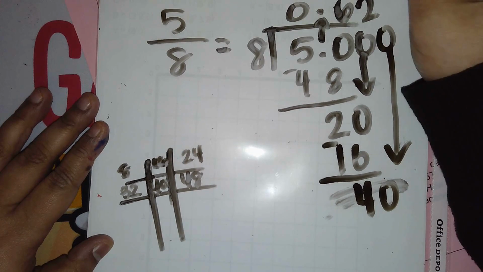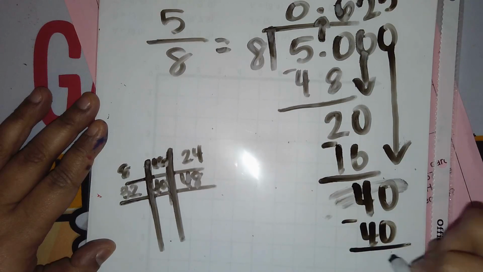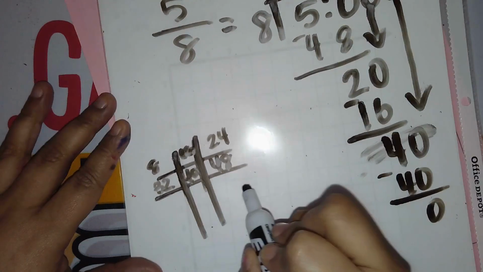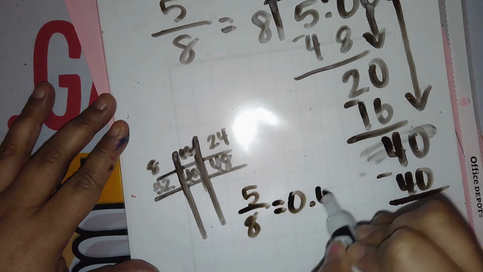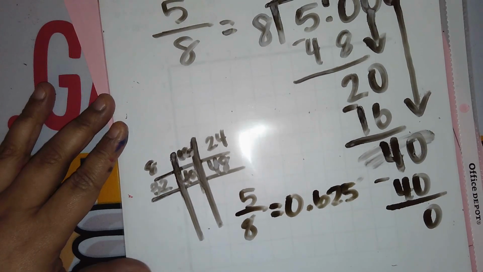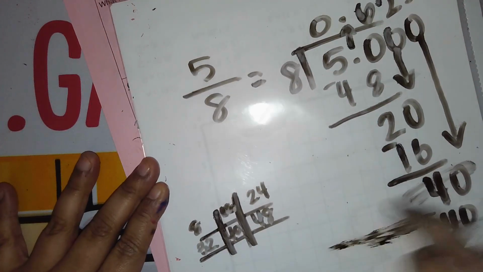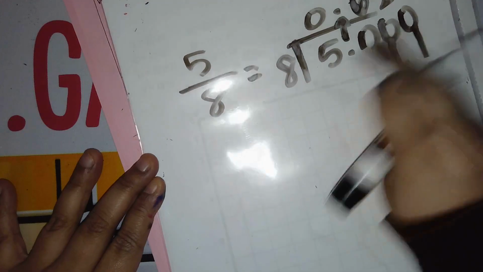Okay, so 5 times. So I finally zeroed out. So 5/8 is equivalent to 625 thousandths. All right, so that's how you convert numbers from fractions to decimals. All right, yay! Like I said, the rest of them should be easy.